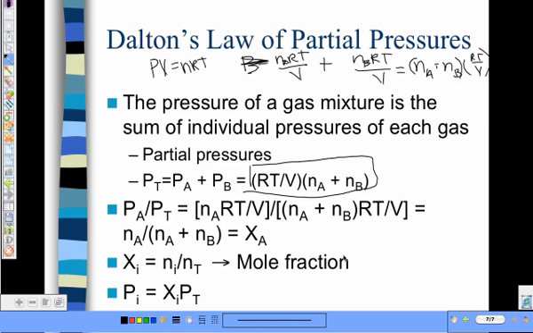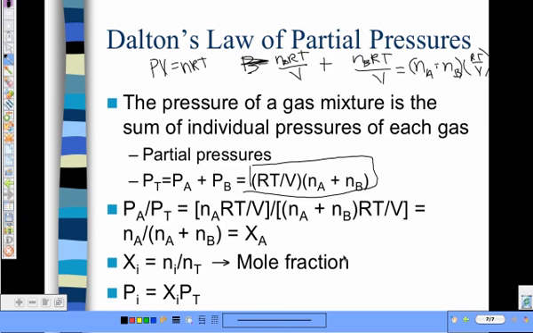Well, there's only hydrogen gas in that one. So if we had a mixture of nitrogen gas plus hydrogen gas plus oxygen gas plus carbon dioxide, when you add all four of those up, that would be your total number of moles. And then to get a mole fraction, you take just the number of moles of hydrogen, divide by the total, then do that for each of the four mole fractions.